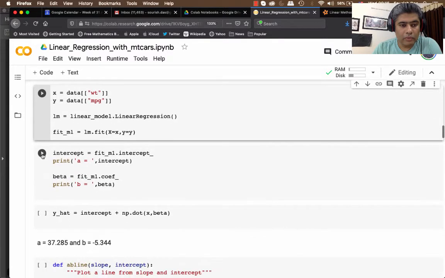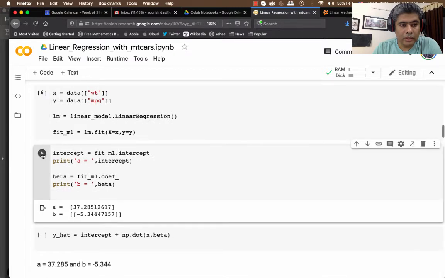Now we print this. The 37.28 is the intercept, the value of a, and the slope, or beta, is equal to negative 5.344.